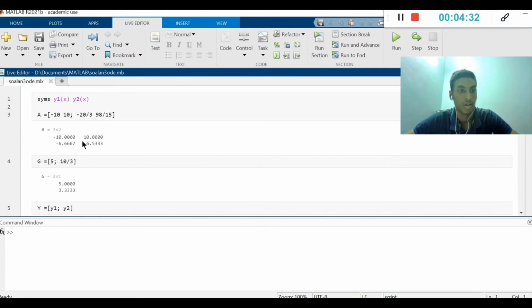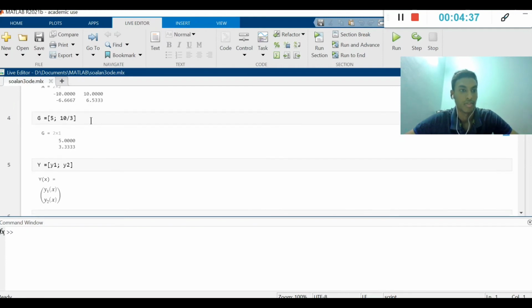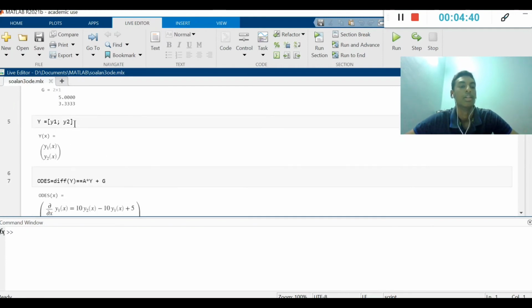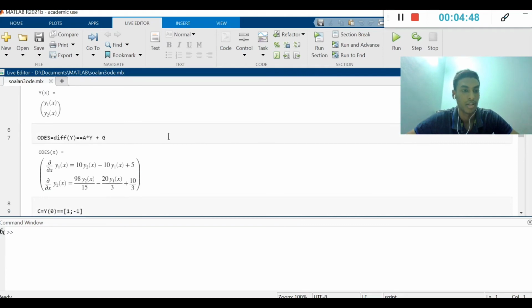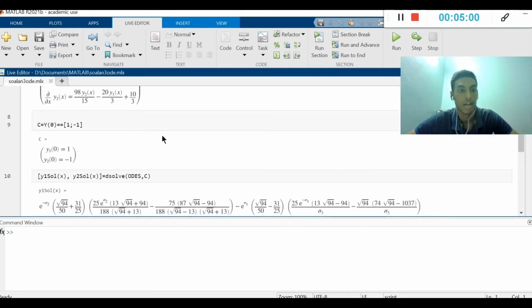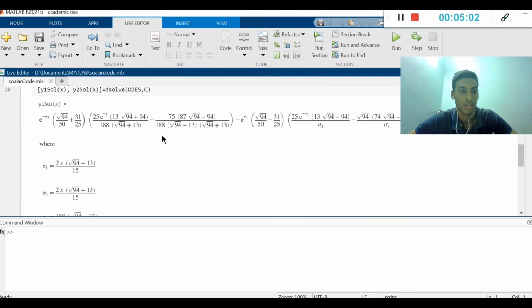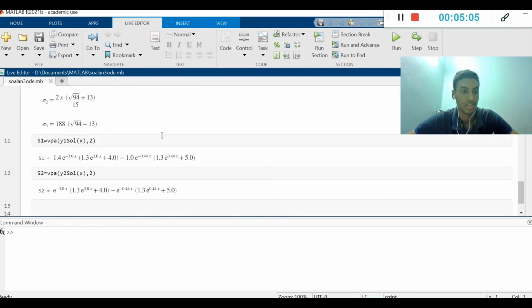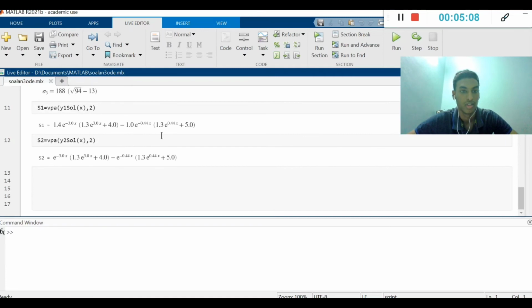MATLAB has given the output in matrix order, and I have substituted the value of G and given the value of Y, and then by equating the differentiation of Y, and then by finding the value of C using the initial condition, we are able to get the final answer, which is the value of y1 and y2.